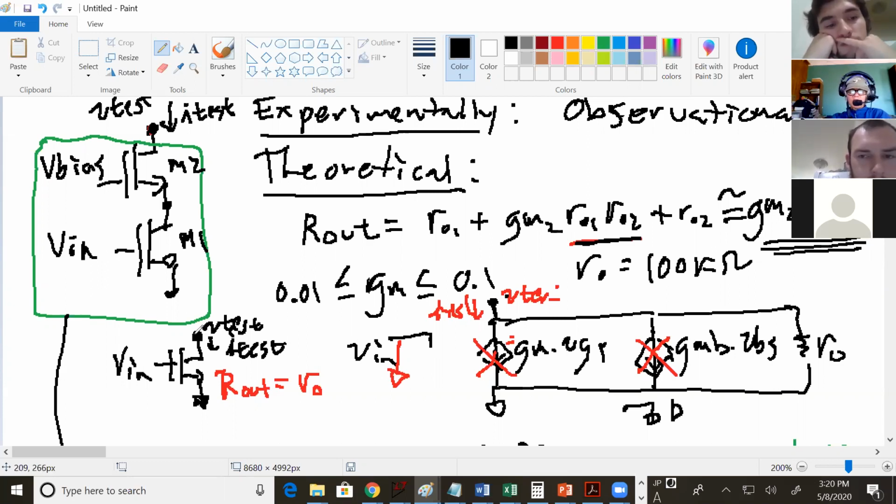So in this case, if you were looking for the drain, we'd write the small signal model, and then I'm interested in what's happening at the drain, so I set the gate and the source equal to DC voltages, which just turn into grounds. Then I do the analysis and try to come up with the result.